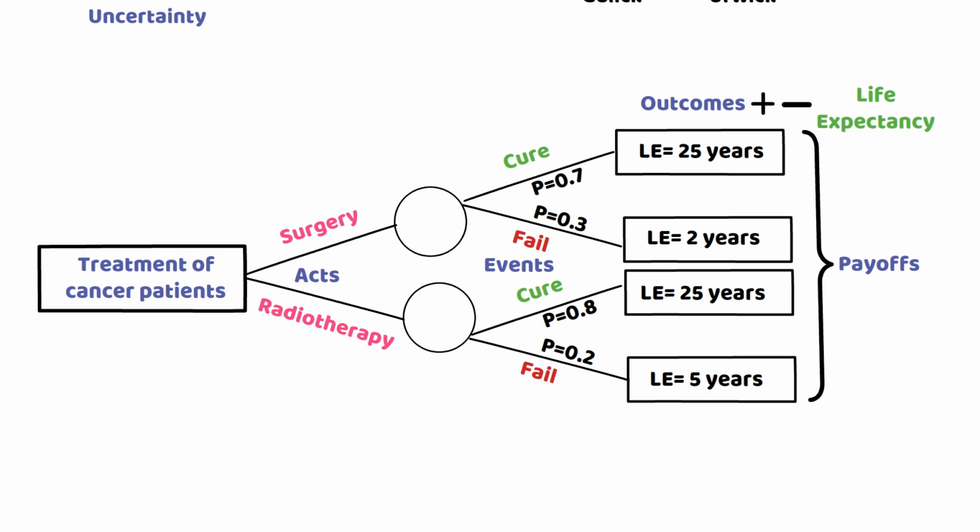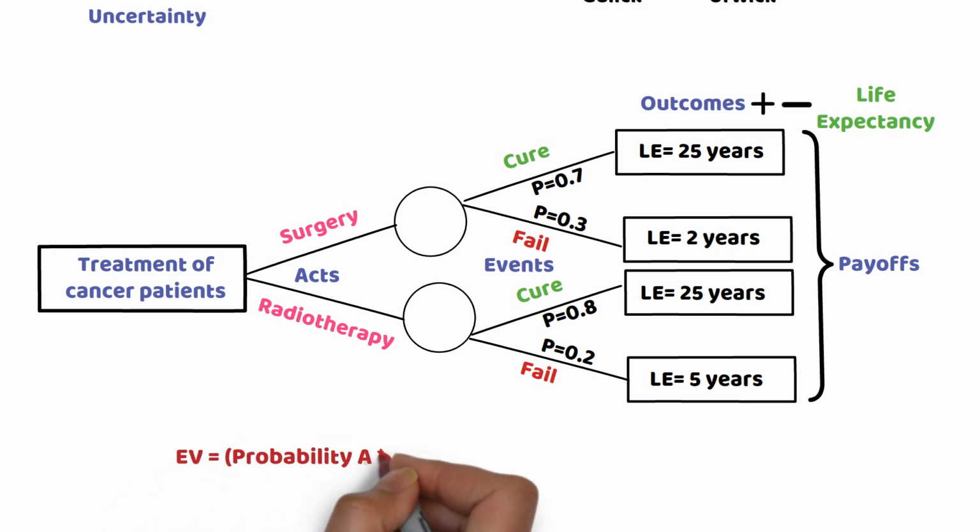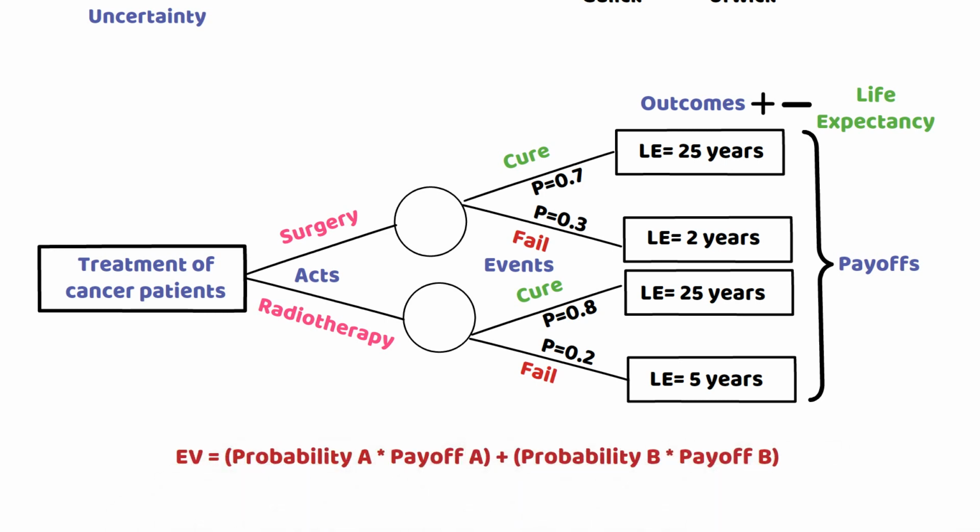To evaluate which decision is more favorable, we will have to calculate the expected value for each decision. This formula calculates this expected value. To calculate the expected value for an act, we need to add the multiplications of probability and payoffs of each event of that act.